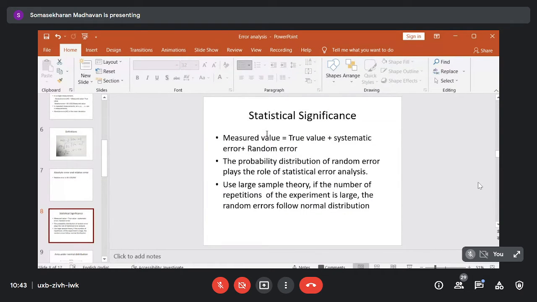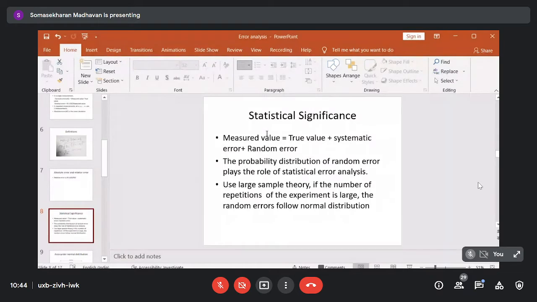There also we took the dependent variable as a function of the independent variable plus an error, which includes the systematic error and random error taken together. And the probability distribution of random error plays the role in statistical error analysis. So the concept of statistical error analysis lies on the distribution of the random error.